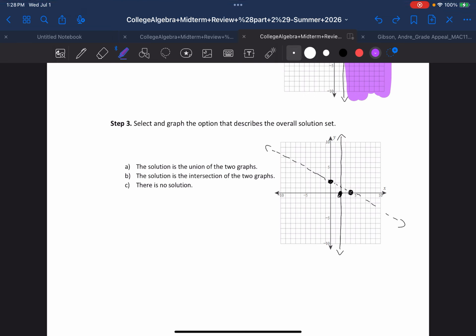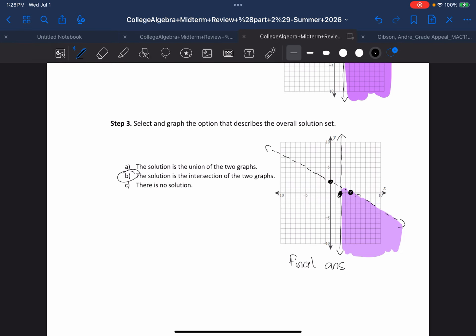So the final answer will only be shading this region for the entire solution, because I'm only interested in the region that makes both of these true. They have to both be true. And this problem right here would be the solution is the intersection of the two graphs. And this would be the final answer for the entire problem.